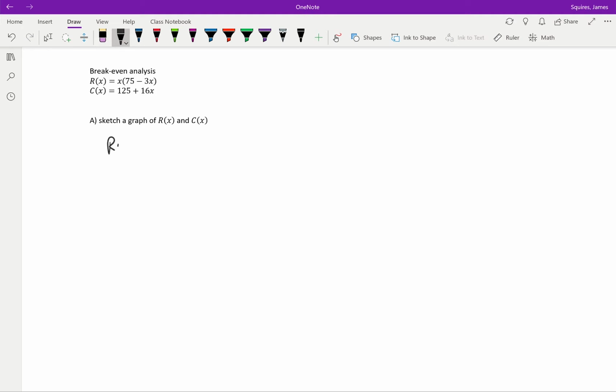So if r of x equals x times 75 minus 3x, then we know r of x equals minus 3x squared plus 75x. And then we can rewrite this in vertex form.